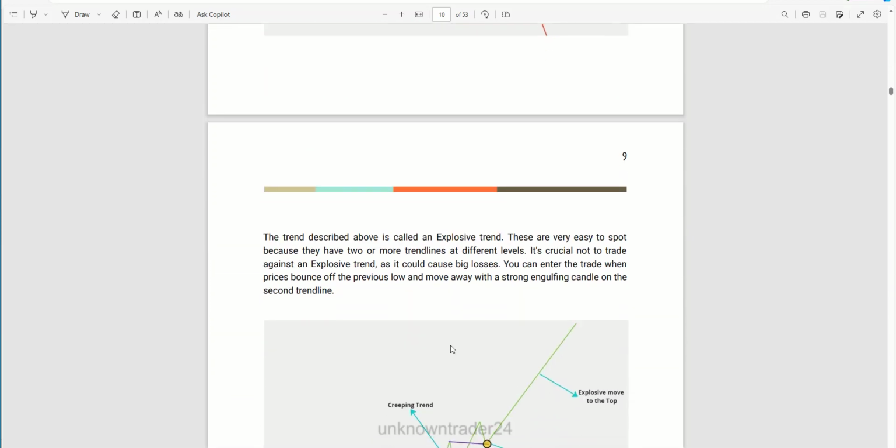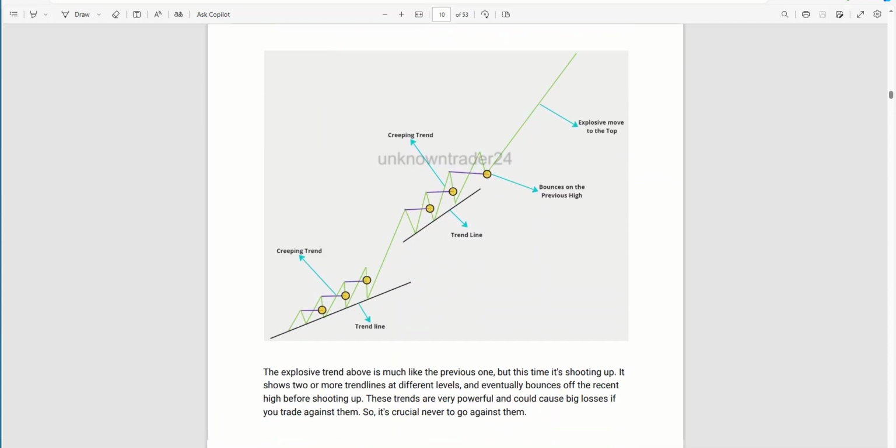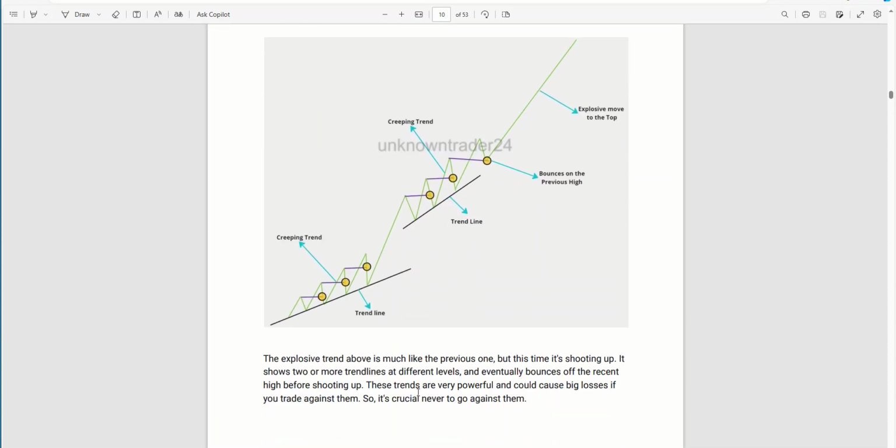You can enter the trade when prices bounce off the previous low. I actually explained where you can enter the trade. As I said, this one is similar to the one above, so you can enter as they bounce on the recent high.